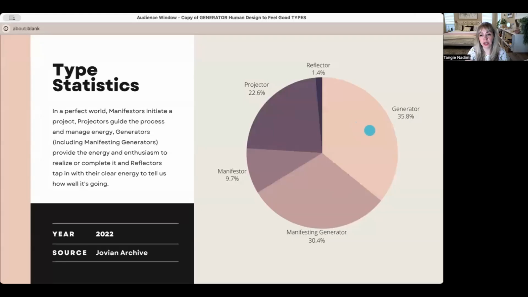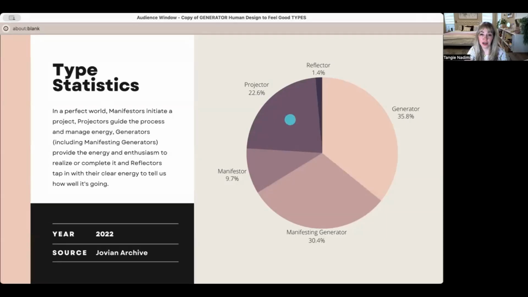So as we know, generator is marked by a defined sacral. The difference between a generator and a manifesting generator is a manifesting generator will have a direct motor to throat connection. Projectors cannot have a defined sacral, but they can have any other energy centers defined in their chart as long as they do not have a direct motor to throat connection.